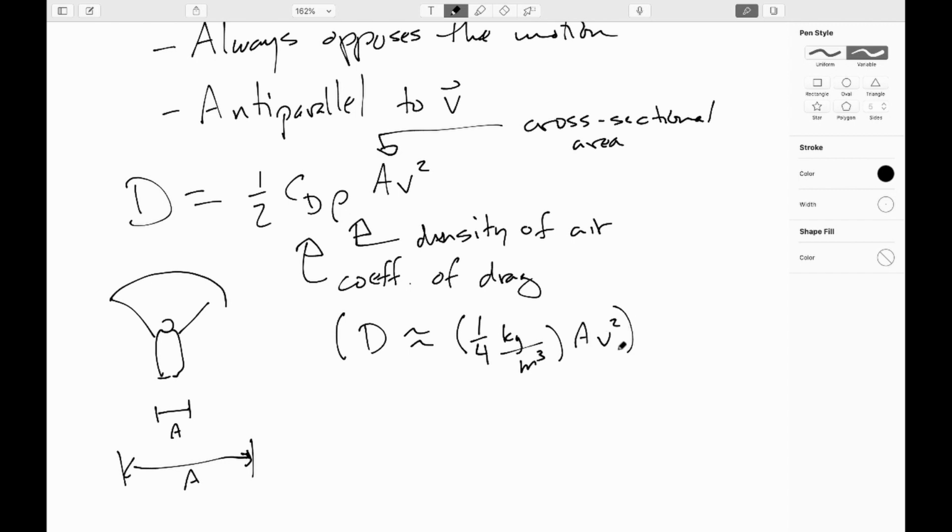So if you're just looking to ballpark a number, that's a quick and dirty way to do it. Otherwise, coefficients of drag usually have to be either determined through very careful computational fluid dynamics considerations or experimentally obtained in a wind tunnel.